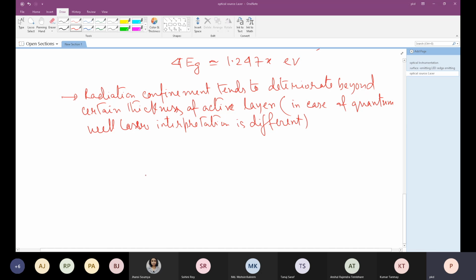But in normal lasers, the radiation leaks out if the thickness goes beyond λ/4. This is the central zone.